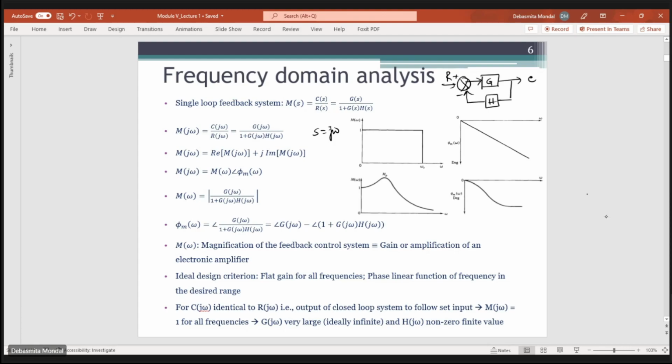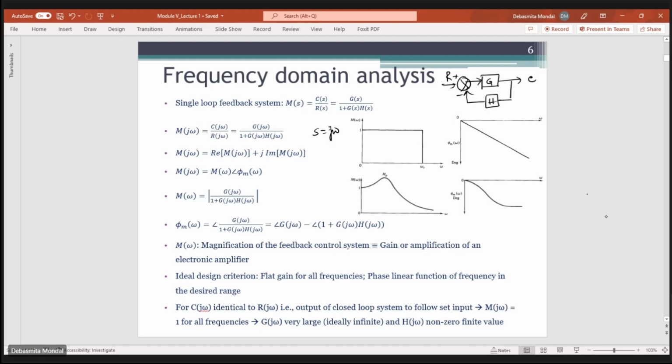So if you draw the frequency response of an ideal control system, the value of M(ω) should be equal to 1, and it should keep on being equal to 1 for any number of frequencies. So this should continue to infinity.